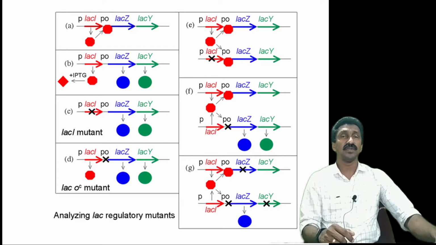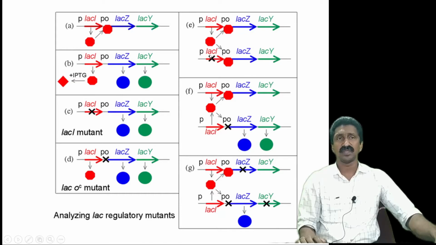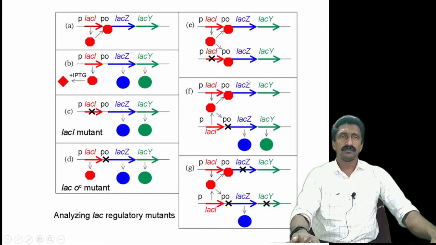The regulation mechanism will not work in both these cases, the lacI mutant and the operator mutant. And in case E, you can see that the repressor is produced in one gene, and in the other gene there is no repressor because of the mutated lacI gene.